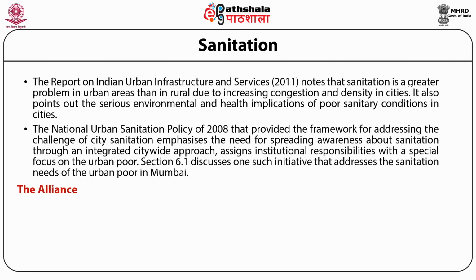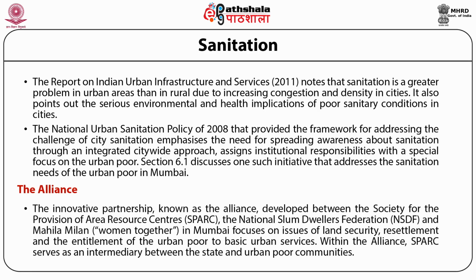The Alliance. The innovative partnership known as the Alliance developed between the Society for the Promotion of Area Resource Centres, the National Slum Dwellers Federation, and Mahila Milan in Mumbai. It focuses on issues of land security, resettlement, and the entitlement of the urban poor to basic urban services.